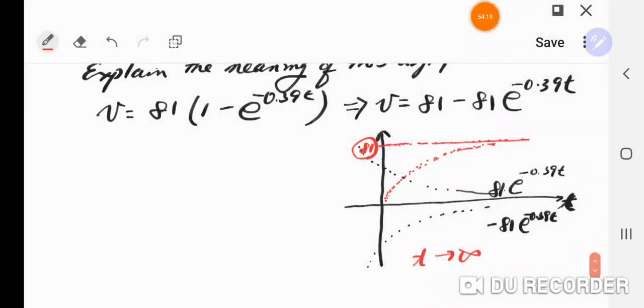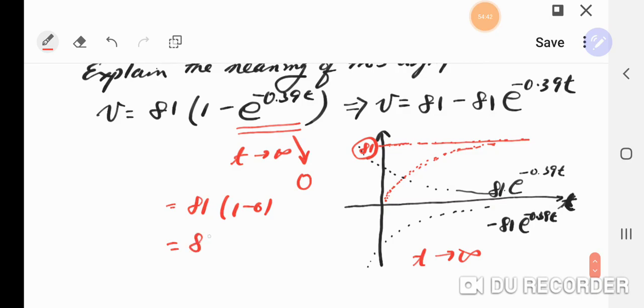Or you can find this without graphing it. If t approaches infinity, then this e term approaches 0. So 1 minus 0 is 1. So we have 81 times 1 minus 0. So the velocity will be getting close to 81 as time increases.